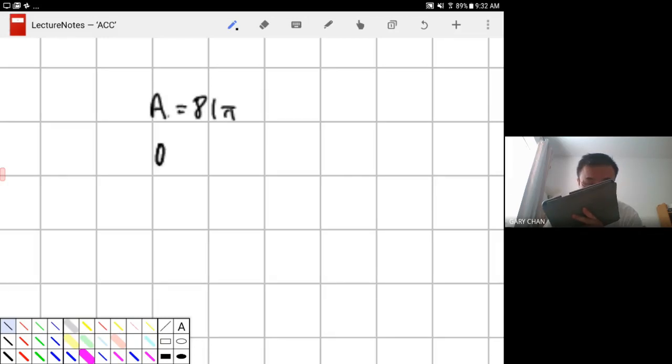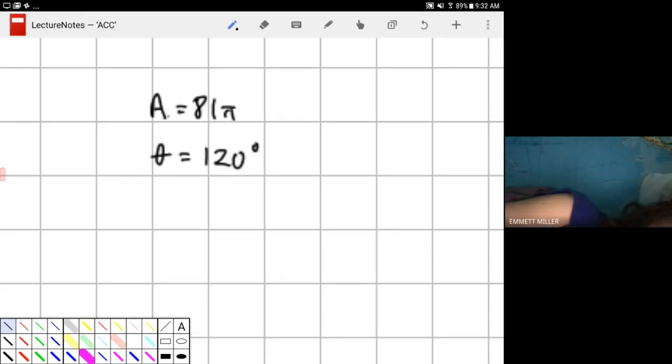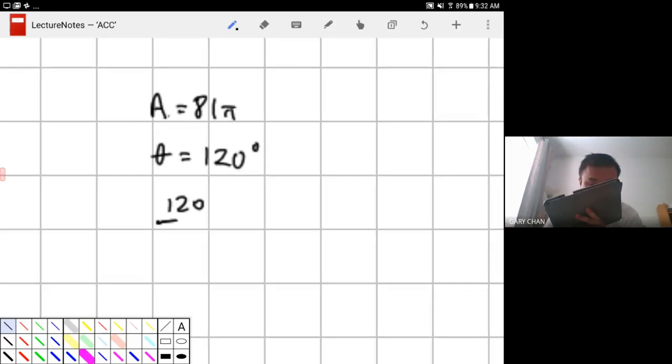And the angle is 120, was it? Yeah, but you could just make it 1/3. So 120 over 360, that's where you got the 1/3 from, right?